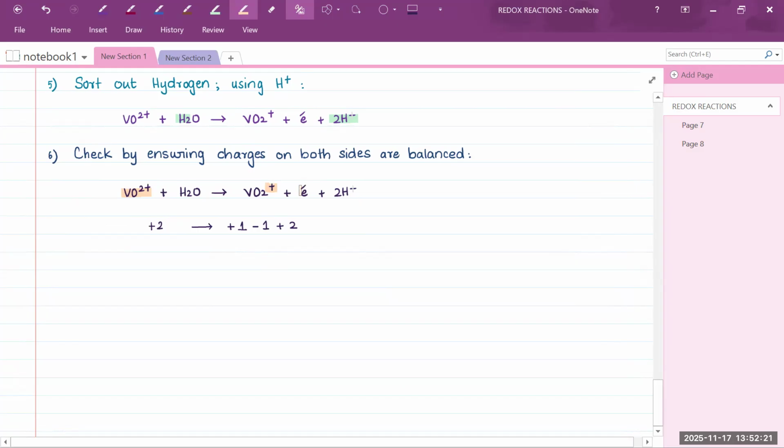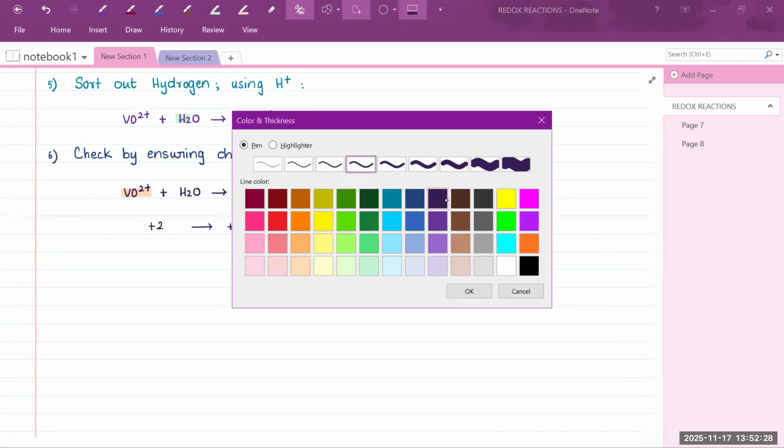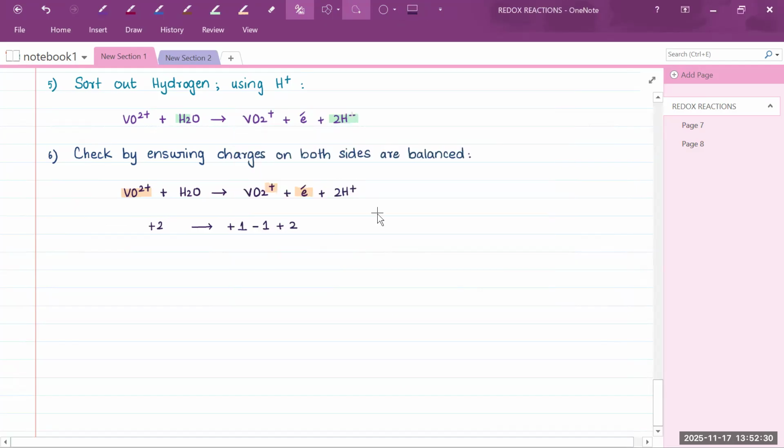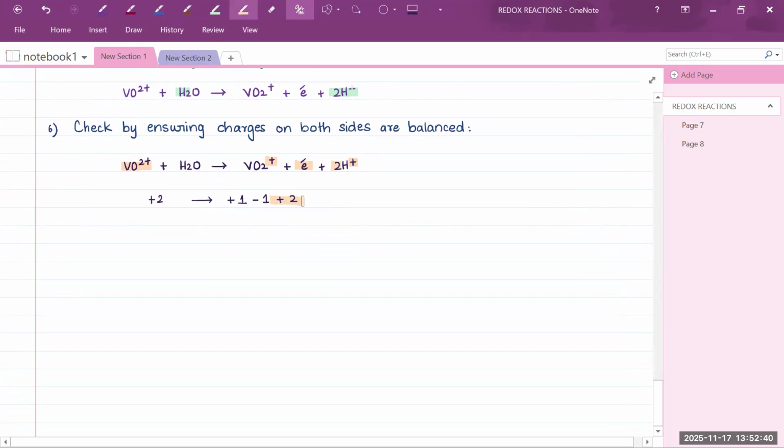The charge on an electron is minus 1. And we have 2H plus here. Do not take it as H plus only 1 plus. We have 2 hydrogen here, so we'll have to take 2 plus charge. This plus 1, this minus 1 gets cancelled out. We have both plus 2 on the reactant side and plus 2 on the product side.